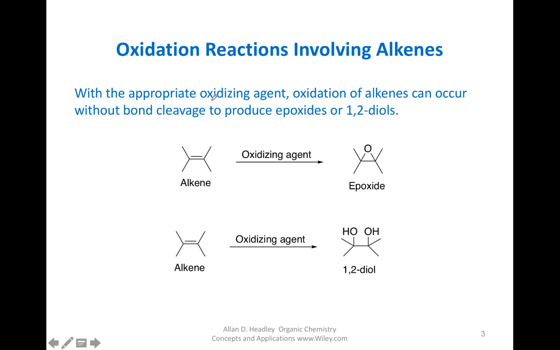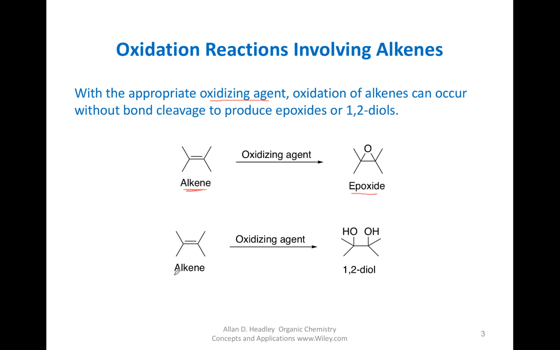With the appropriate oxidizing agent, we can take a double bond, an alkene, and oxidize it to an epoxide. Another name for the epoxide is an oxirane. This oxidizing agent is a particular one, or particular ones, and we'll discuss that.